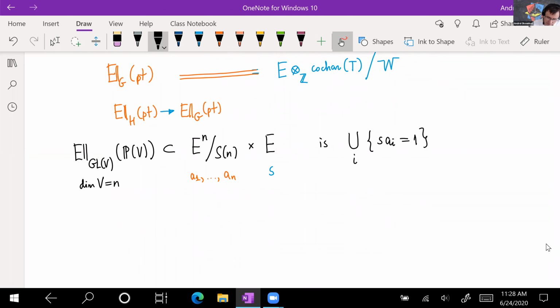So maybe a good example to think about is a map. Consider the map from GL1 to GL1, which is multiplication by z cubed.